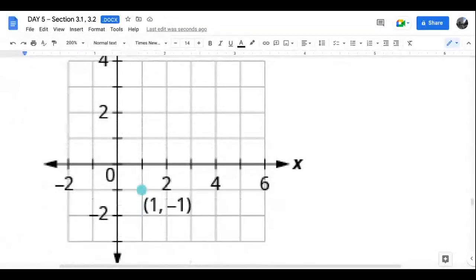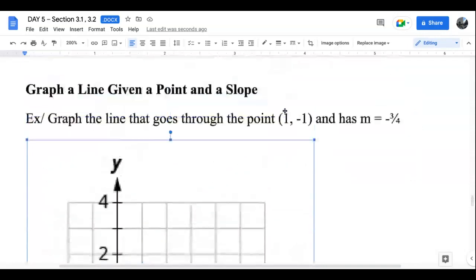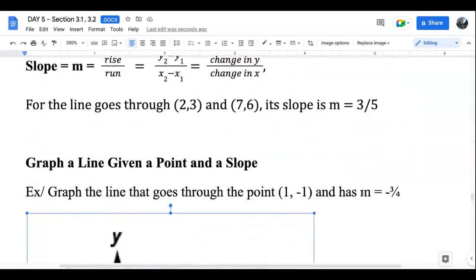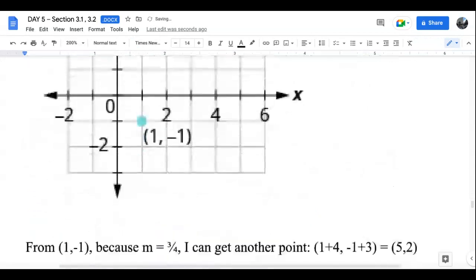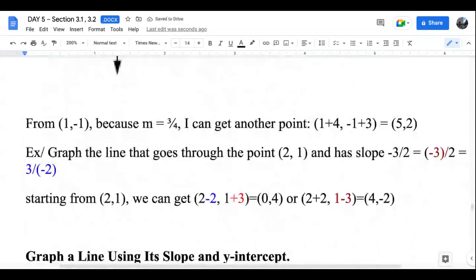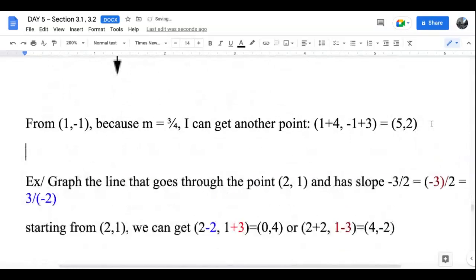We could choose the y value to go down 3 units. Let me write here: if m equals negative 3 over 4, what can we do?